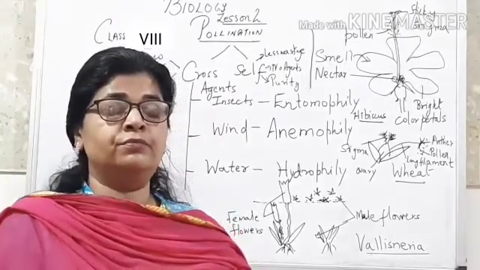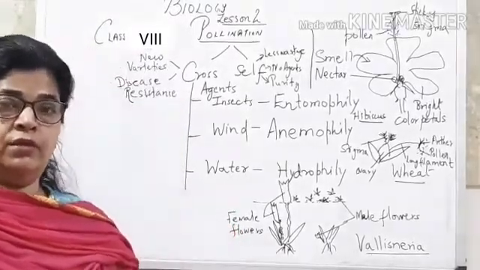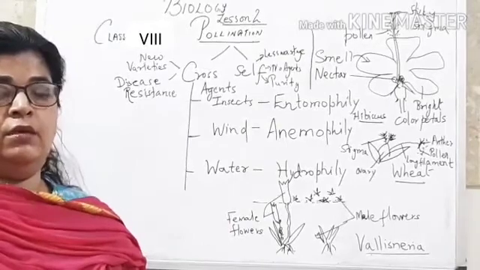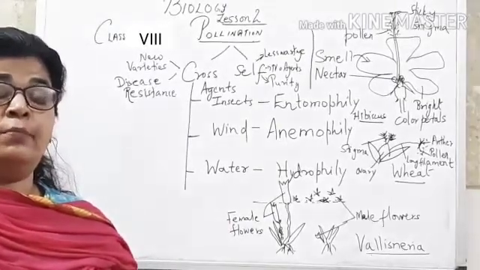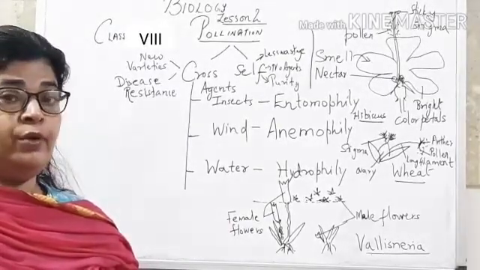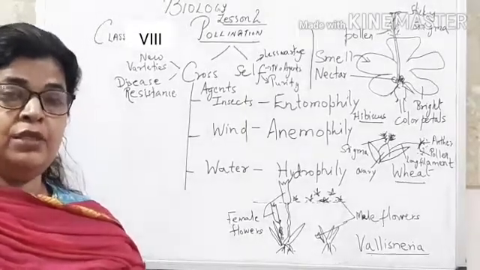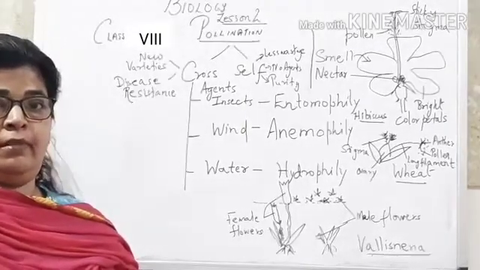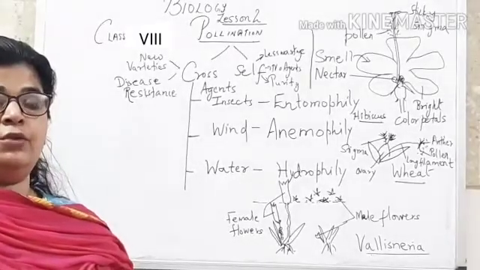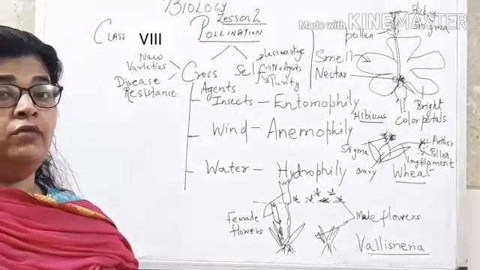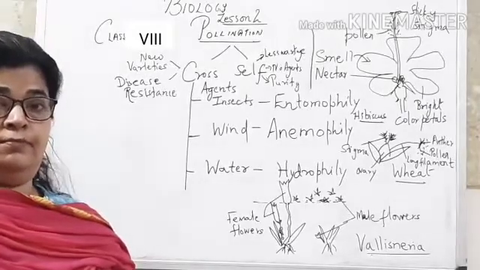So this way the plant wastes lots of energy. Plus, since the plants are different, the purity of the parent plant cannot be maintained here. But the advantage over here is that new varieties are possible.